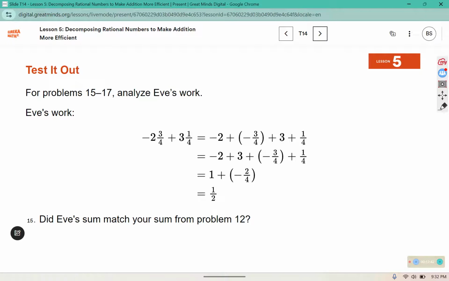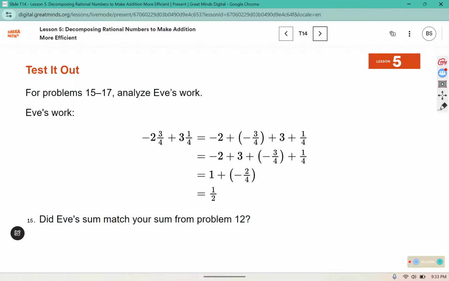For problems 15 through 17, analyze Eve's work. Eve's work says negative 2 and 3/4 plus 3 and 1/4. She separated out the negative 2 and 3/4 into negative 2 and negative 3/4, and she split the 3 and 1/4 into positive 3 and positive 1/4.